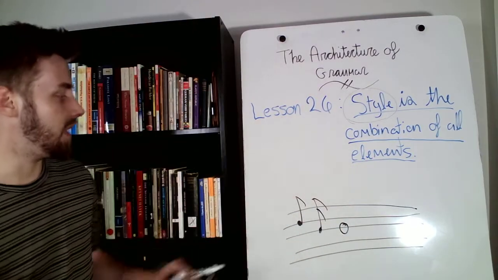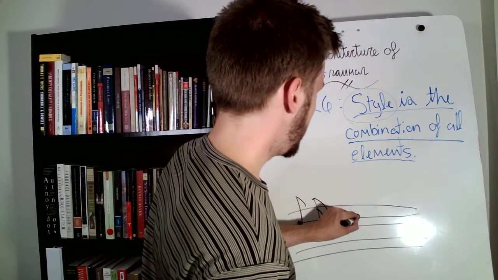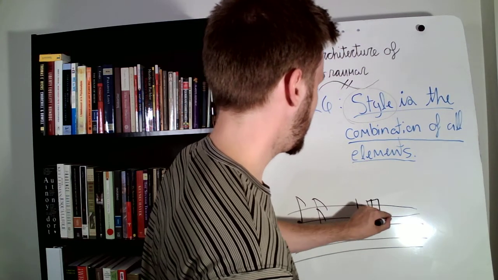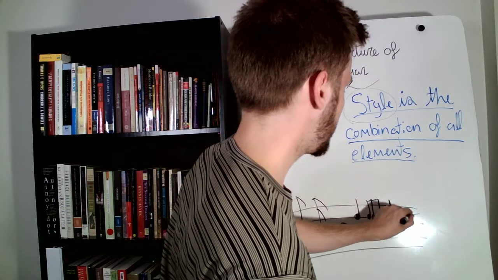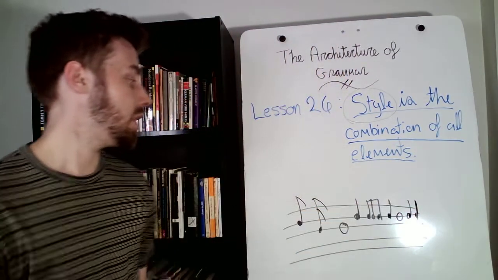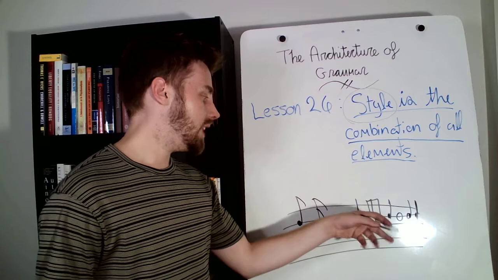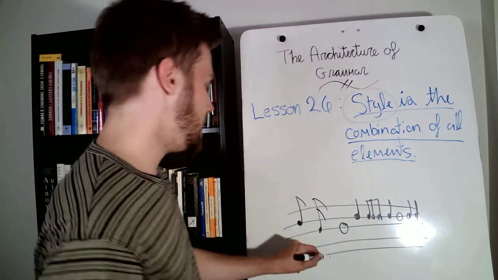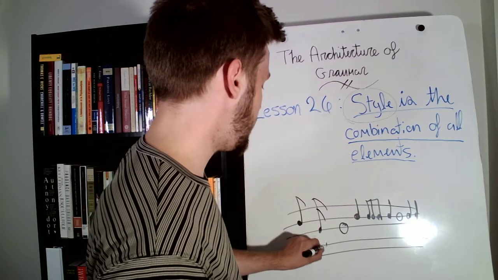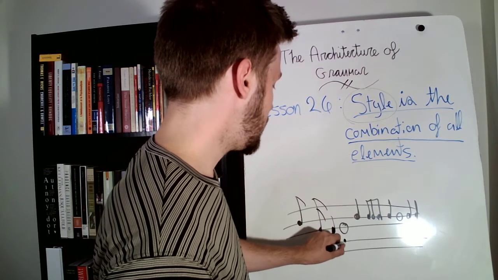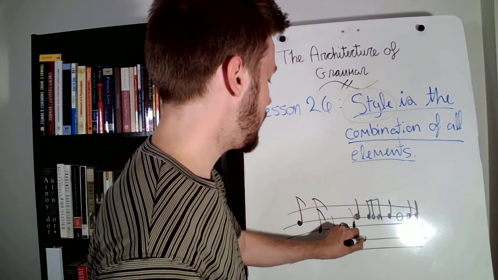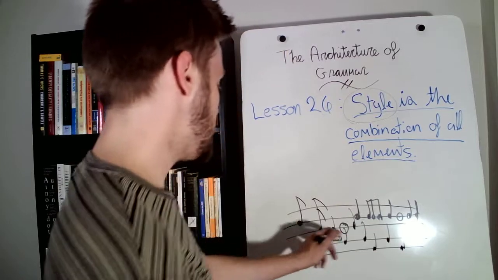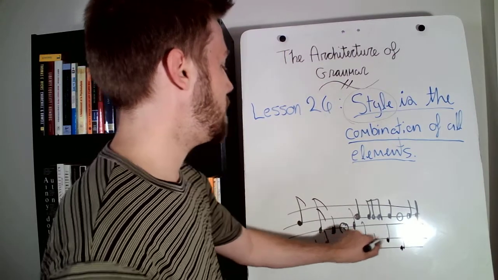Now here's the thing: if you always have the same note, like this, if you have different rhythm but you always have the same note, then your song is boring. On the other hand, if you have different notes like this, but you always have the same rhythm, then your song is also going to be boring, because you see this is all the same rhythm but different notes.